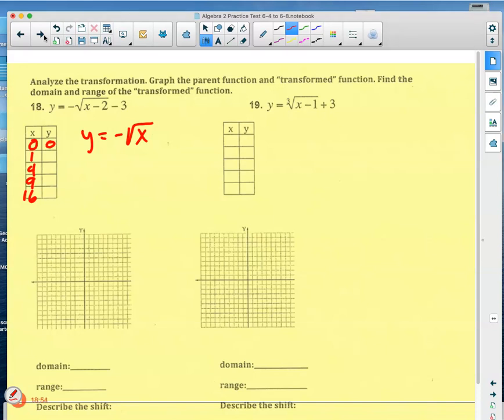Square root of 1 is 1, but then times negative 1 will be negative 1. Square root of 4 is 2, negative 2, negative 3, and negative 4. Now that's our parent, so let's get on there, dashed, dotted, something along those lines. Boy, these are teeny. Well, can't do 16, negative 4, but we can kind of aim over there, right?